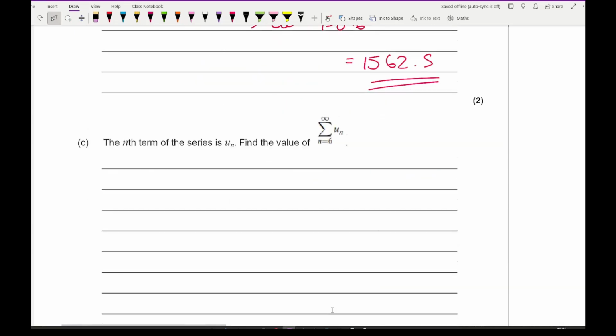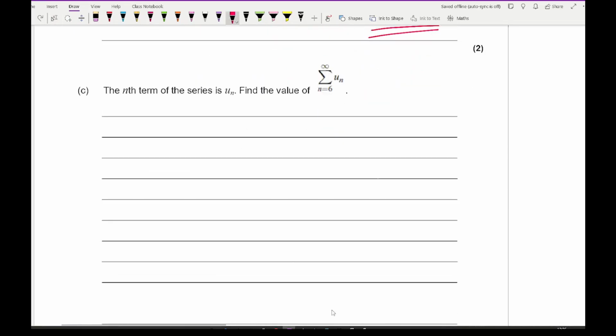Then moving on to part C, which was very, very similar to the previous one. So here we've got our first term of 6. So this is going to equal the sum to infinity minus the sum of the first 5 terms. Now this is the answer in part B, and this is what I then need to work out. So the sum of the first 5 terms is going to be 625, and then 1 minus 0.6 to the power of 5 all over 1 minus 0.6.